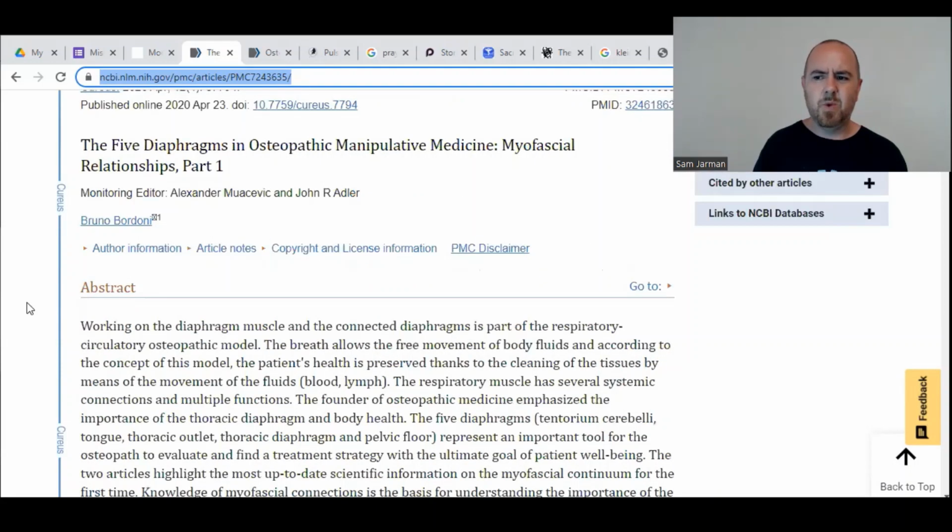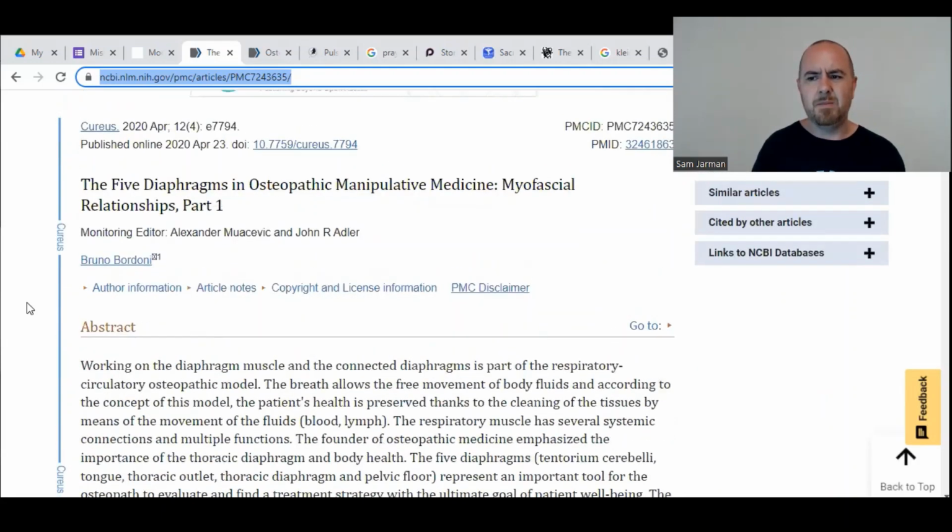Realistically, what you see with this 5 diaphragm model or the 4 diaphragm model is there are sort of transverse planes of anatomy that sometimes are contractile, sometimes are not, sometimes are more voluntarily contractile and sometimes more reflexively contractile, right?